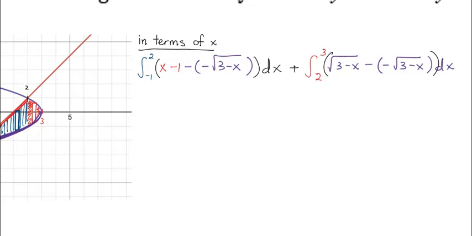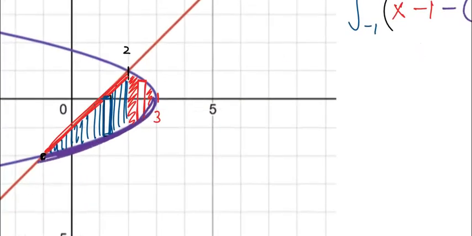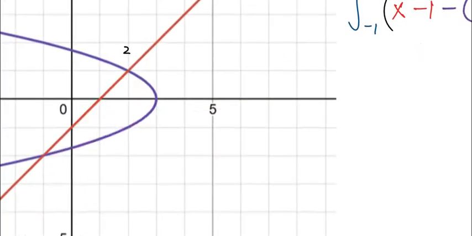Now, this is something that we could integrate, but it would be a lot more work as opposed to, instead of drawing vertical representative rectangles, if we drew a horizontal representative rectangle. Imagine if we were to stretch this rectangle out, it would hit the y-axis.